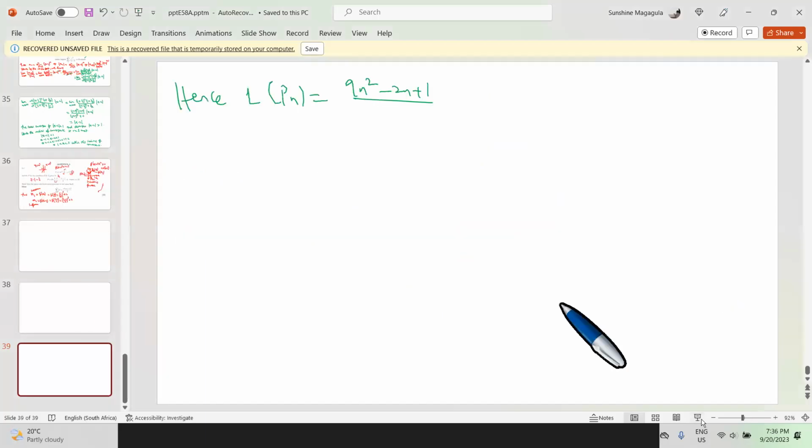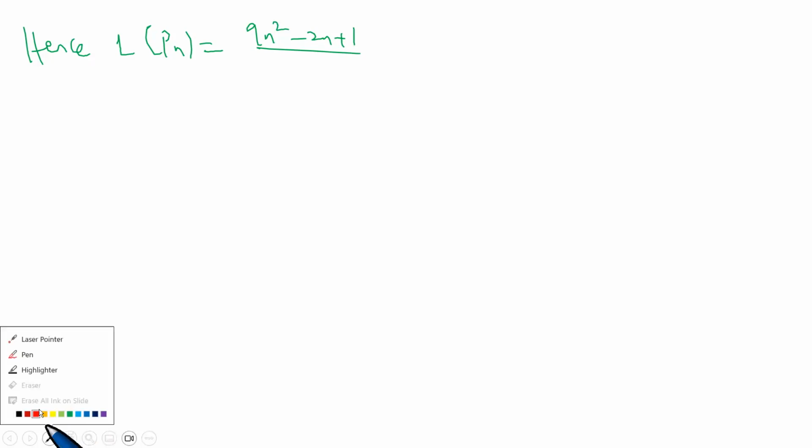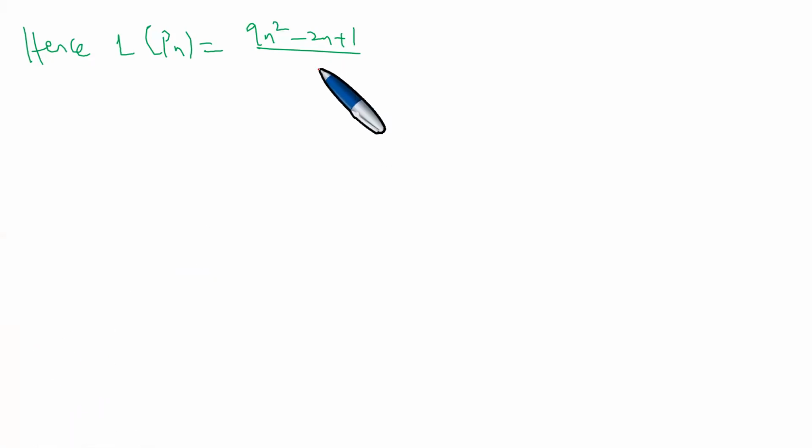Okay, we're back again. Right, so divide by 4n squared, but also we have that the UPN.